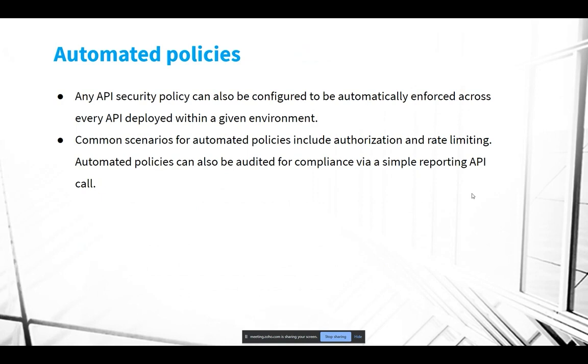So whenever you deploy any API on that environment, those policies will be applied by default on all APIs. Like if you want OAuth authentication or other authentication, or you want to make sure that an XML and JSON threat protection is there, you can use automated policies, and you need not apply them at the individual API level because they are already applied by default. MuleSoft also provides that.